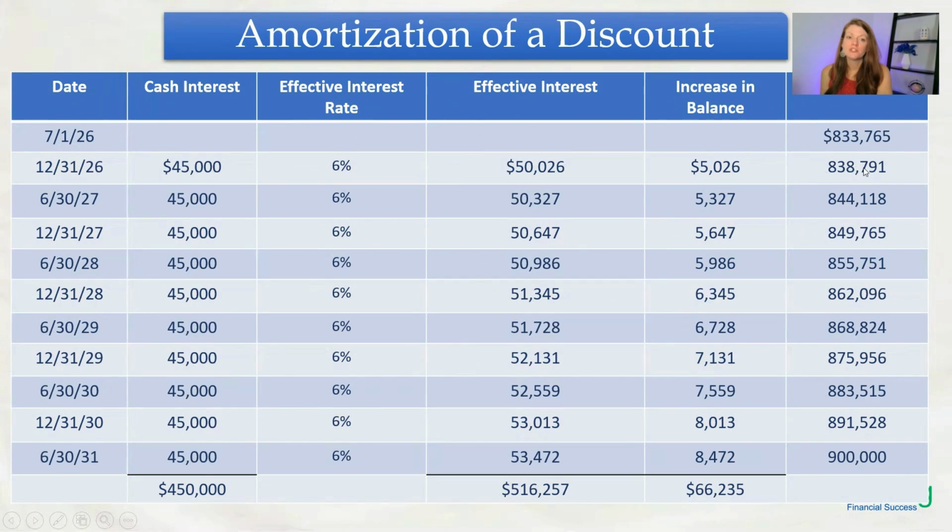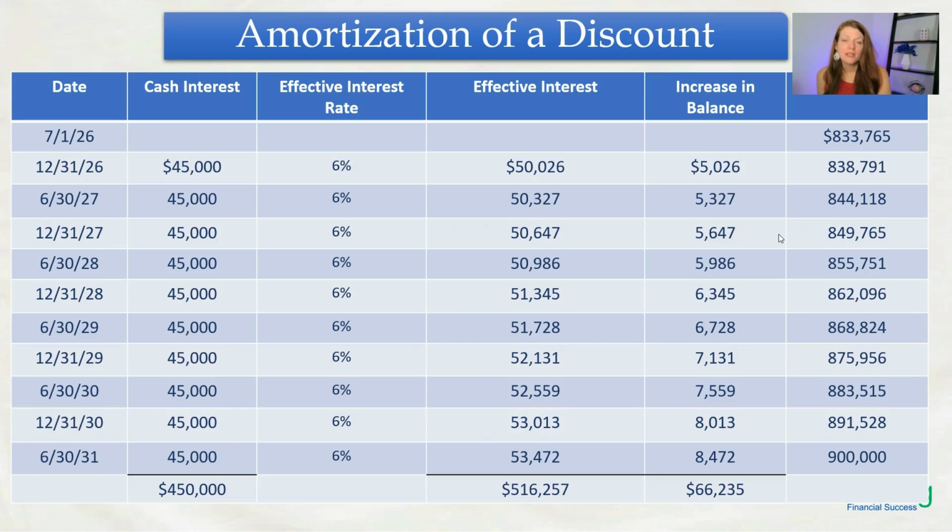We take 6% times the $838,791, and that gives us effective interest for the second payment of $50,327. The difference between that $50,327 minus the cash that was paid is going to be amortization of the bond of $5,327.